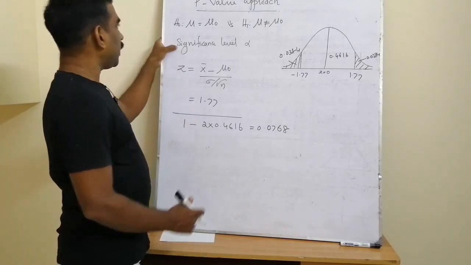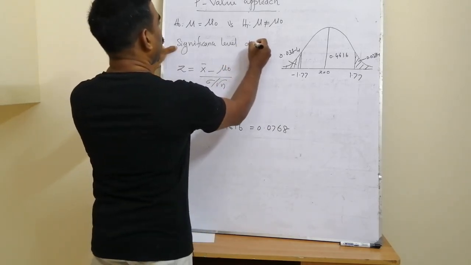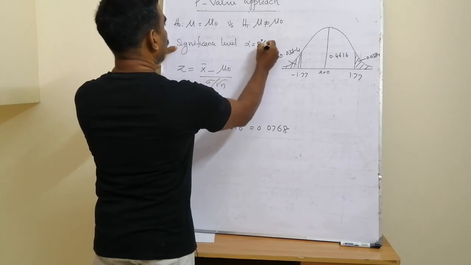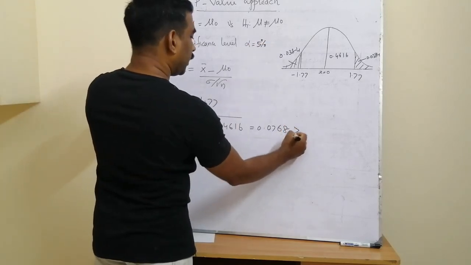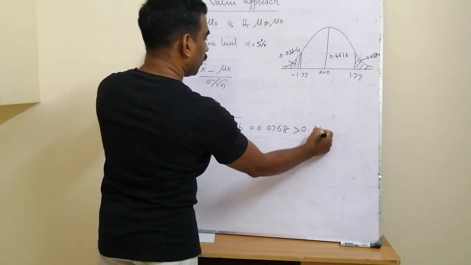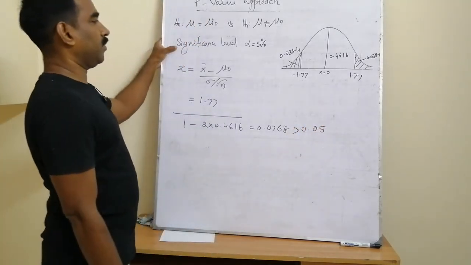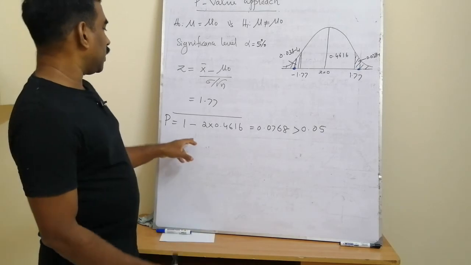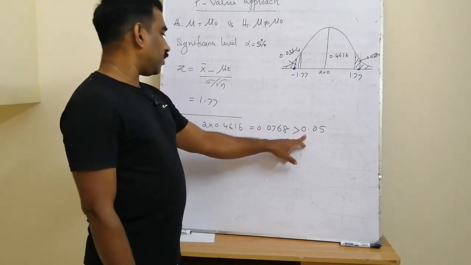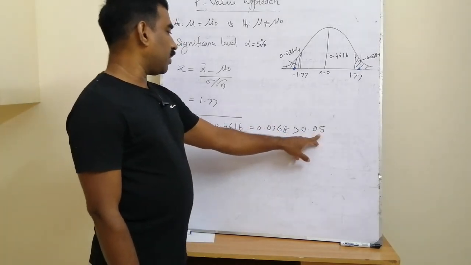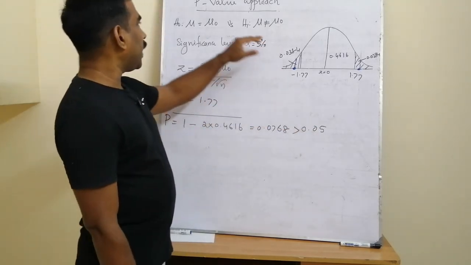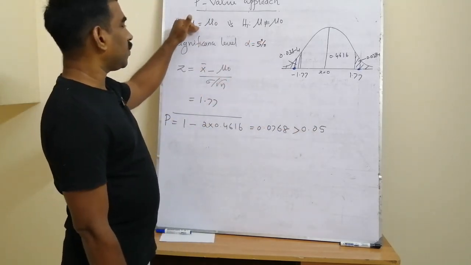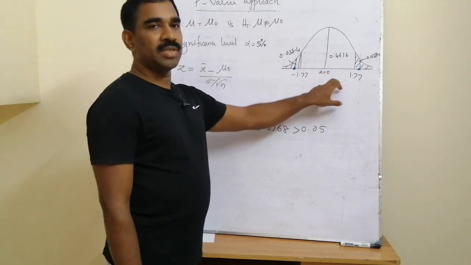Suppose the significance level alpha is equal to 5%, that is 0.05. This number is strictly greater than our significance level. If the computed p-value is larger than the significance level, we can accept the null hypothesis, or we will be in the acceptance region.